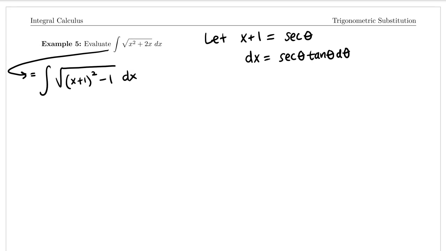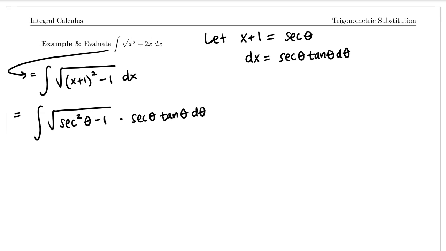And so now we can rewrite this as the square root of secant squared theta minus 1, and then dx we can replace with secant theta times tangent theta d theta. And secant squared theta minus 1, that is equivalent to tangent squared theta.